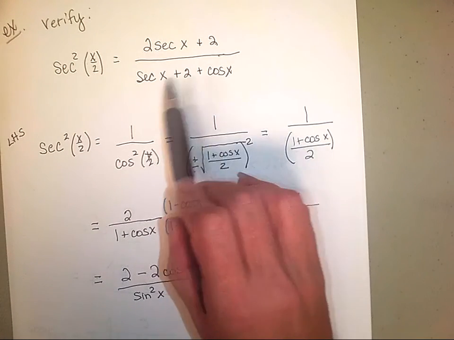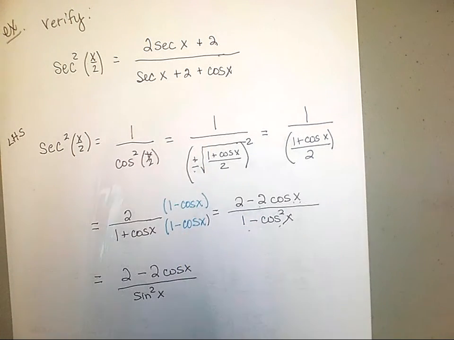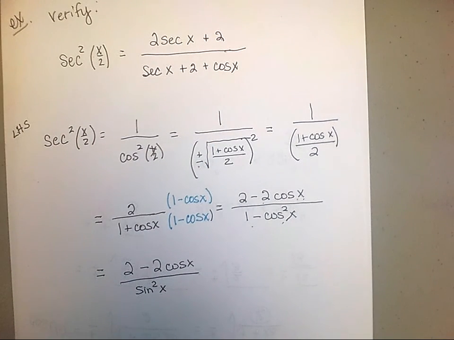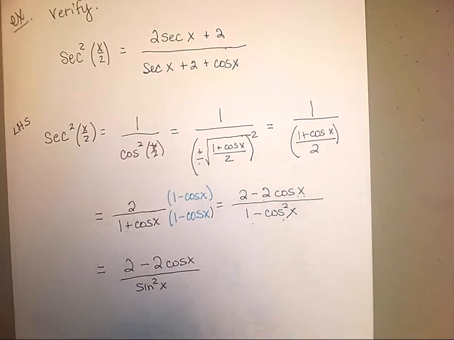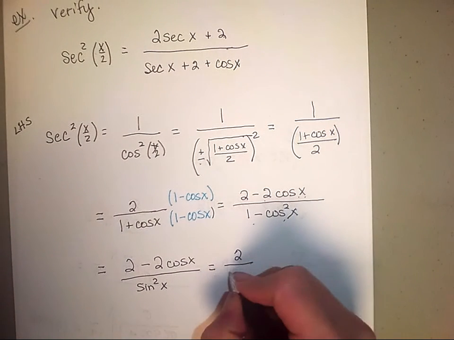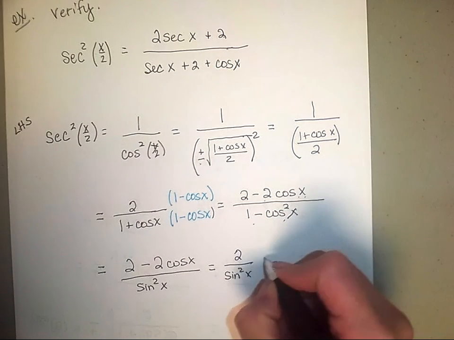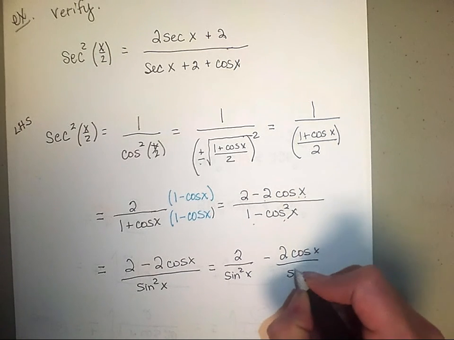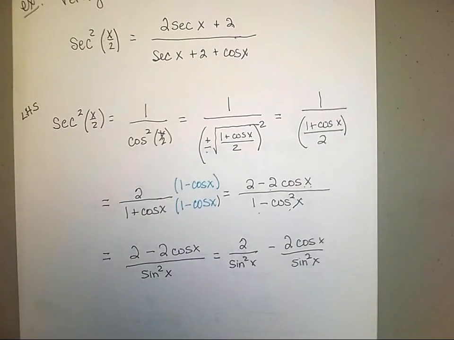I'm not liking this so much because I have 3 terms up top. So this would be equal to 2 over sine squared of x minus 2 over the cosine of x divided by sine squared of x.